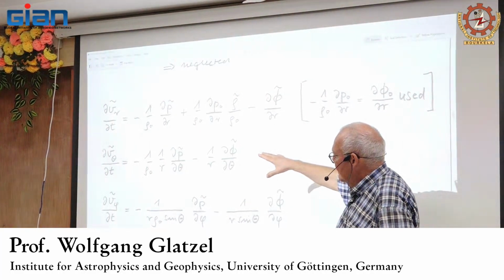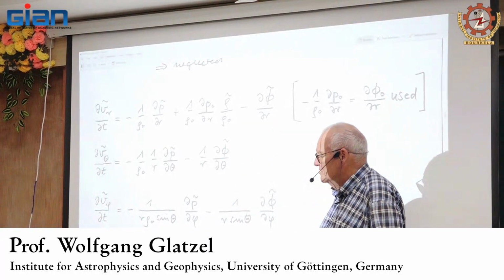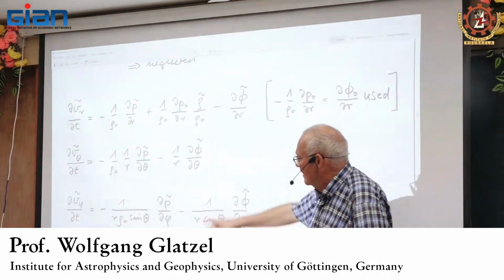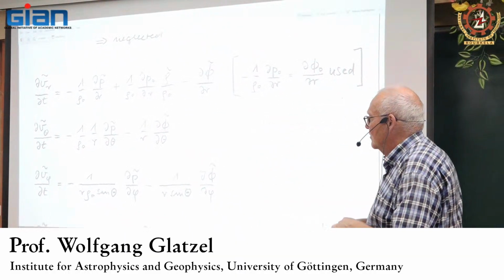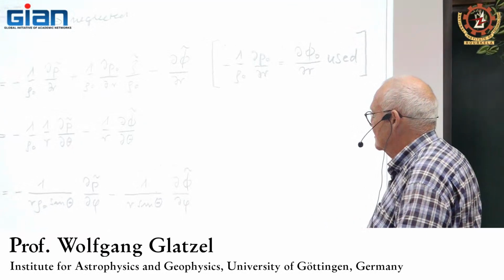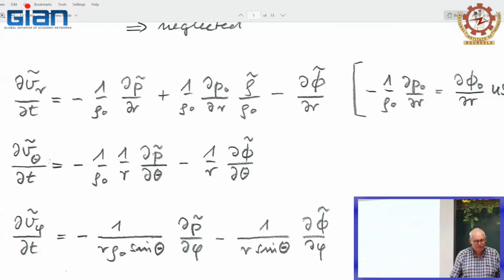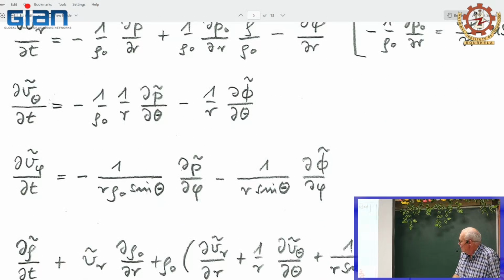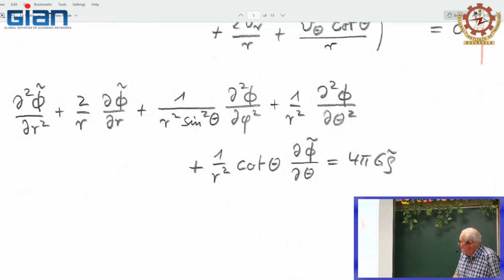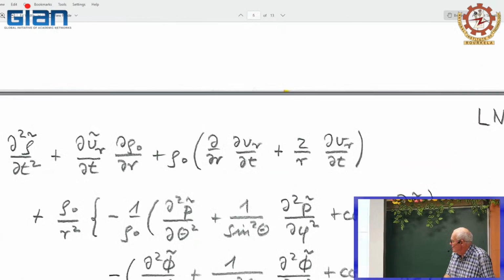Then we have taken the second and third component to eliminate these velocity components, or the Eulerian perturbations of these velocity components, and arrived at the version of the mass conservation.